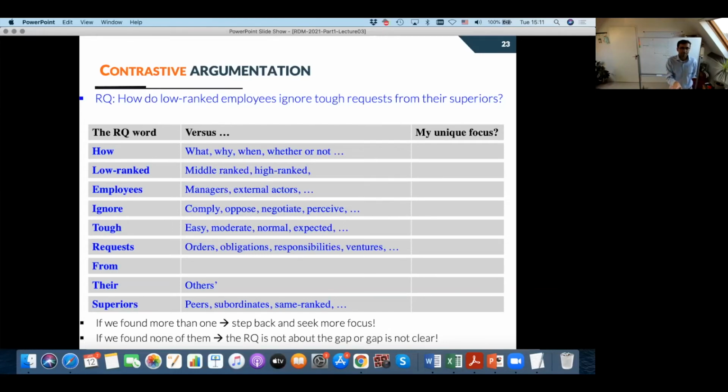It means that research so far has already looked at how low-ranked employees negotiate, comply, or resist the tough requests of their supervisors, but they haven't looked at the ignoring of requests. So if I highlight the word ignore in my contrastive argumentation, it means that is the focus of my research.